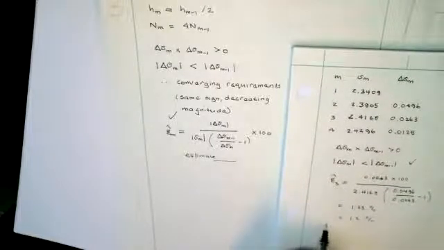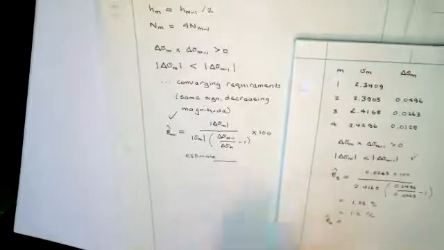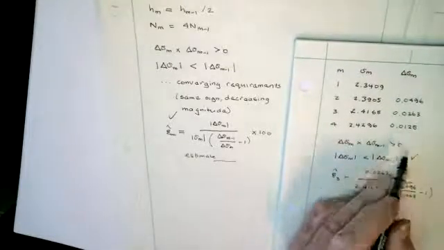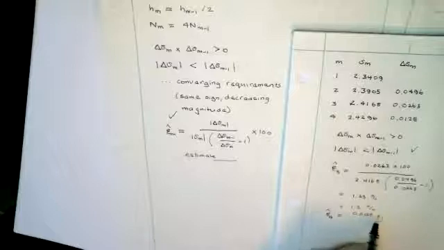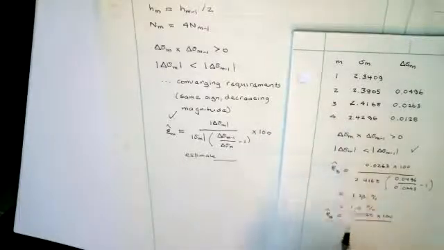And then if we do epsilon 4, now this number changes to 0.0128. And the current value, 2.4296.